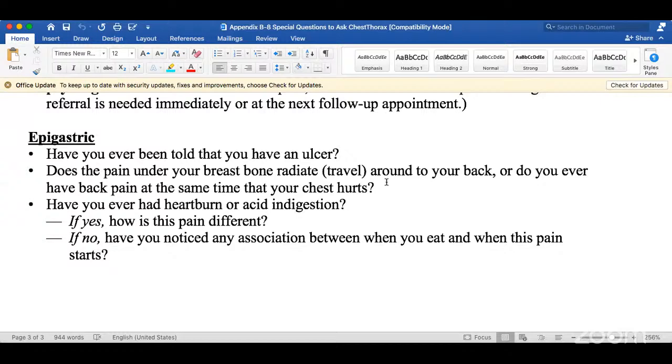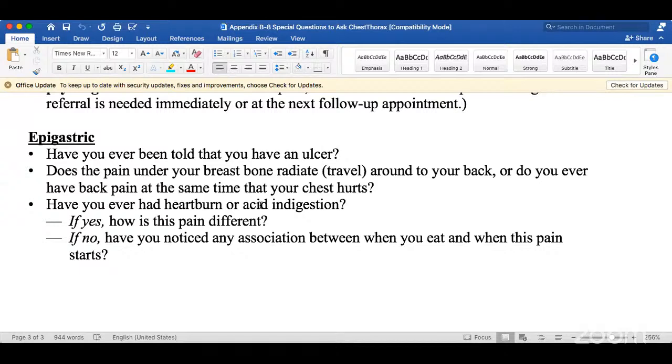When we looked at the picture, we saw some indications that there is pain in the back. Or do you ever have back pain at the same time that your chest hurts? So the back pain is not there, but the moment your chest begins to hurt, you now begin to have back pain. So these are symptoms that indicate that there may be an epigastric problem. Have you ever had heartburn or acid indigestion?